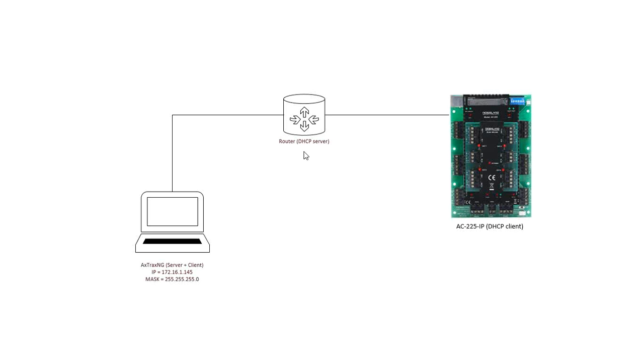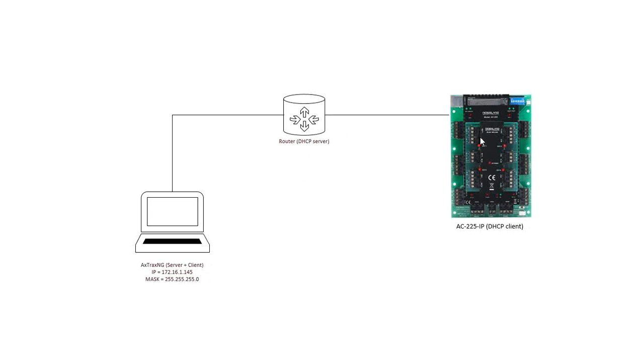Here is the scenario. We have a router with a DHCP server running on it. So we connect to the same router or switch the AC225 IP panel and the Extrax NG server plus client PC, which we already know the IP address, which is in this case 172.16.1.145.